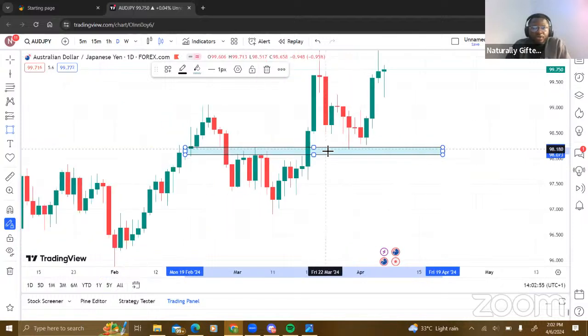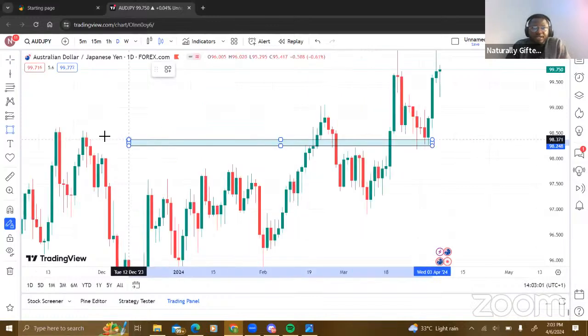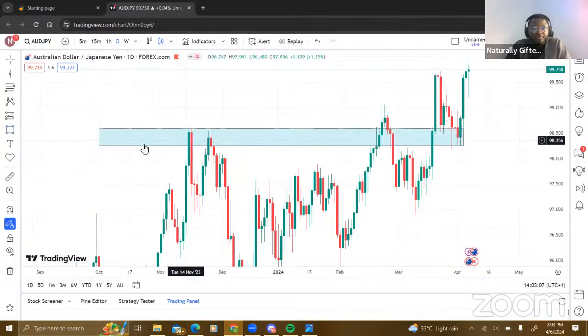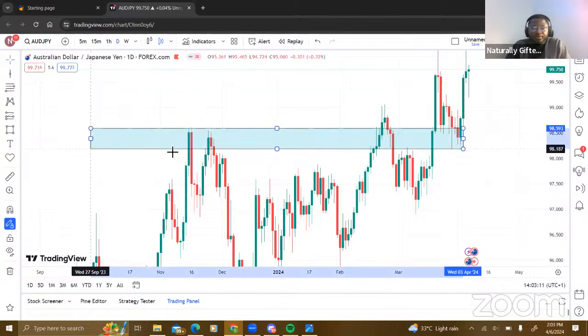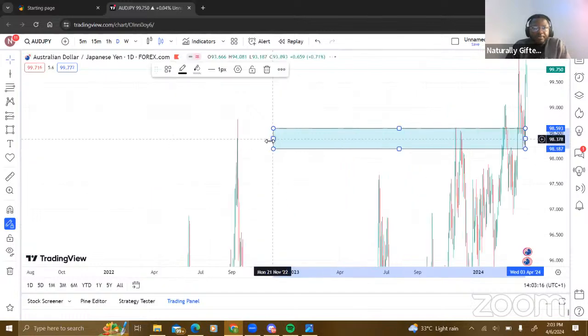Okay, you know what? Let's not even use that. Let's clear this. Then let's pinpoint this. This is a reversal area here. So I want to go back in time to see if that was also a reversal area in the past.